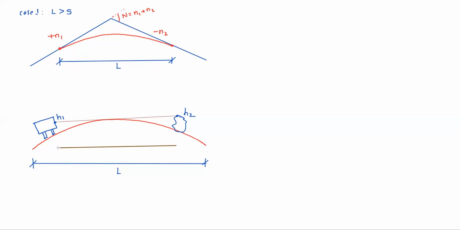This is the sight distance. S1, S2, totally S, okay? S1 plus S2 equal to S. I will mark that here also. So this is S, okay? S equal to S1 plus S2.